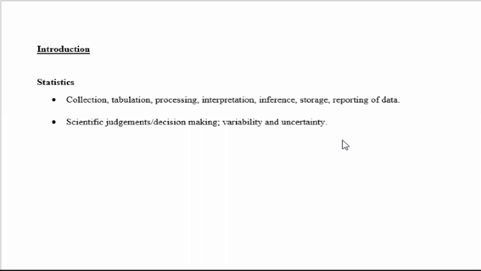And all business-like situations are full of variations. Variation in what? Variation in the factors which influence the decision making, and a lot of uncertainties are involved because decisions are taken for the future and the future is not certain.